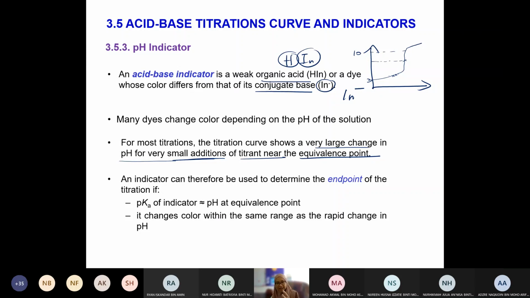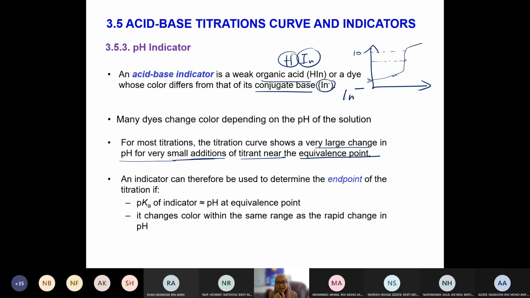Because kalau dia dah change colour to permanent pink, that means dia dah exit dah already. Because pink, usually for phenolphthalein, it represent basic. Dia dah base sebab kalau dah base maksudnya dalam reaction tu dah colour pink, maksudnya dah ada base berlebihan di situ.